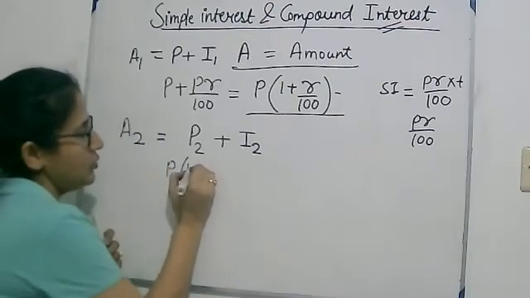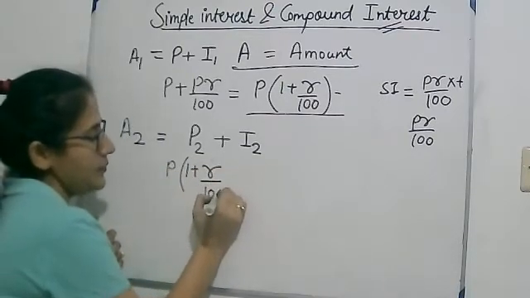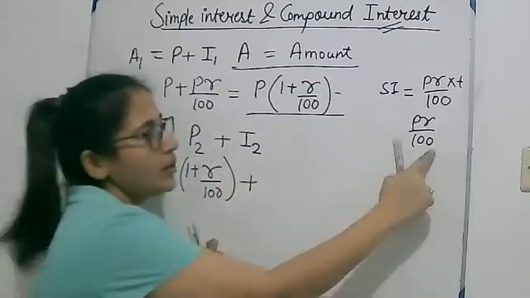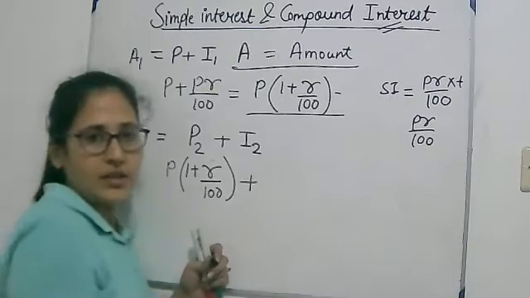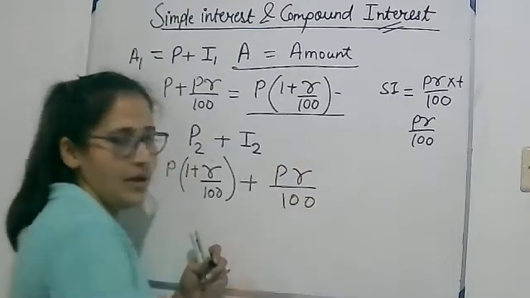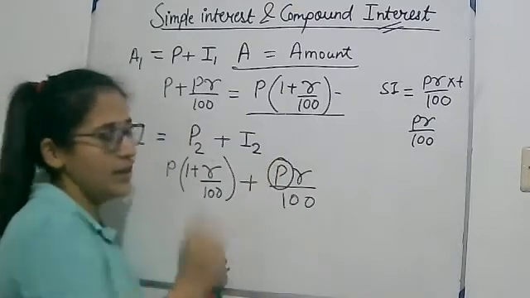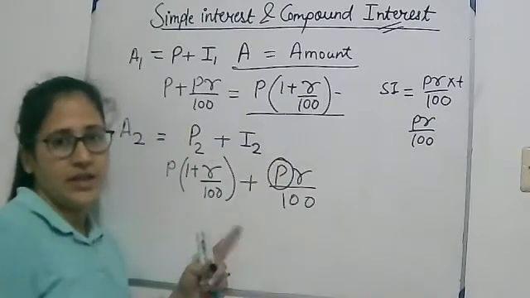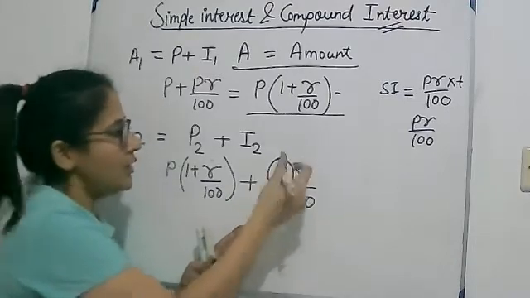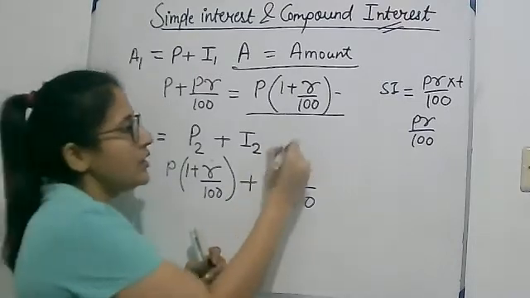So we will substitute here this plus I2. What I told here, for each year interest is the same. So here PR over 100. But P is changed for the second year. Like here P is changed. So P we have to substitute. Which value we have to substitute?